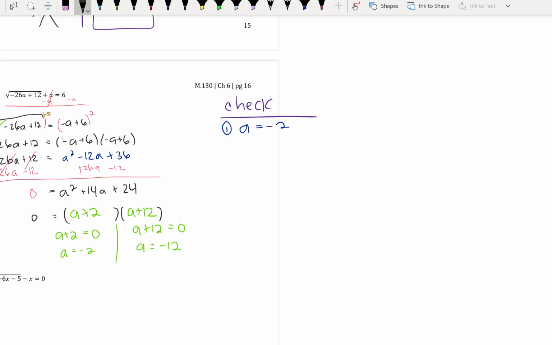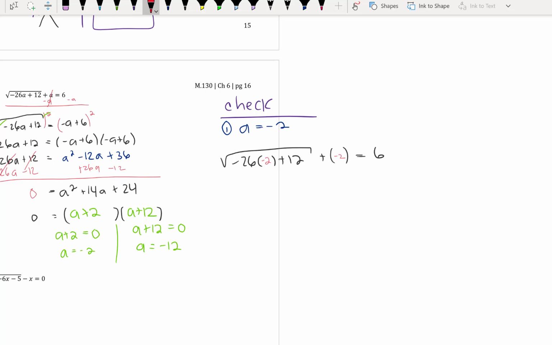I have the square root of negative 26 times a plus 12, plus a is equal to 6. The number I'm going to be plugging in is negative 2.